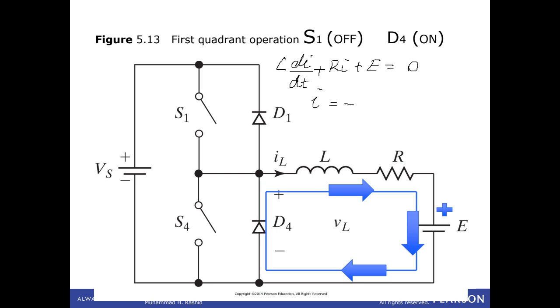Minus E over R. Plus, this time I shift the time, so I call it t prime. When t prime is equal 0, I is equal to what? Tell me. The initial value of this case.